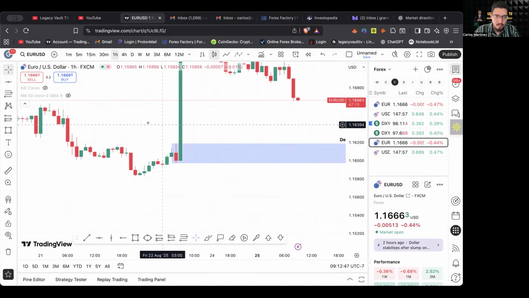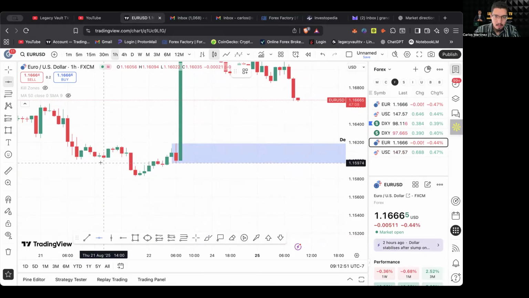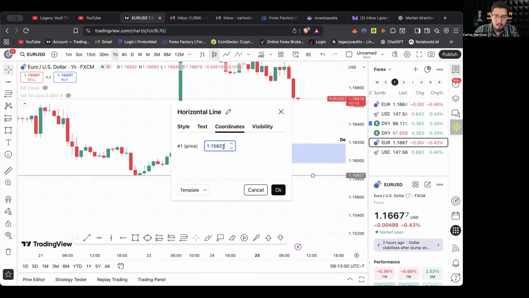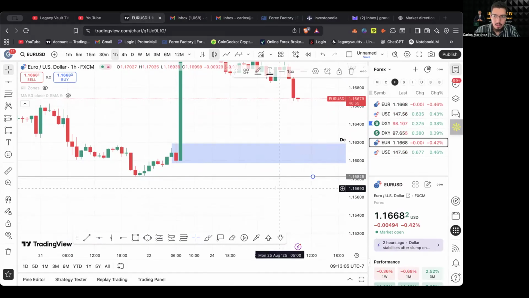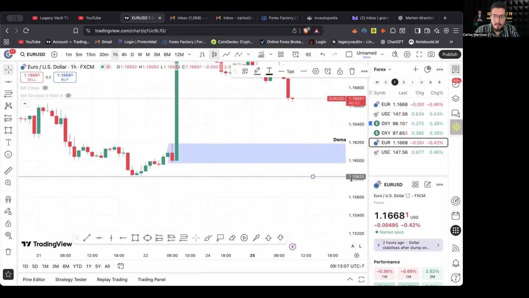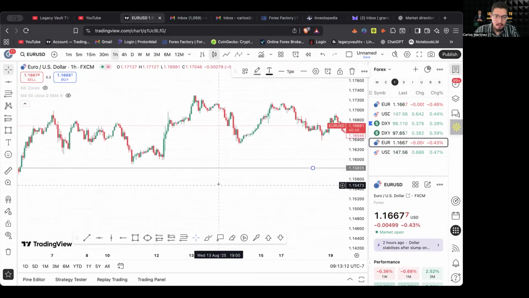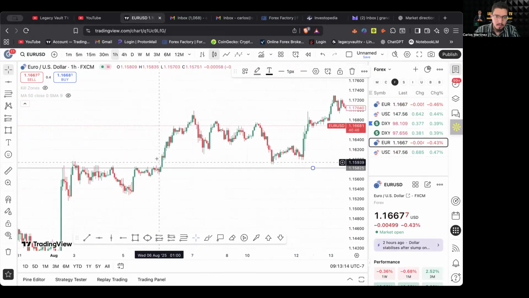And we can also look for a support level. Support. Put one here. Can round it up to the nearest quarter level. And we can look back to see, you see here, there's touches here.